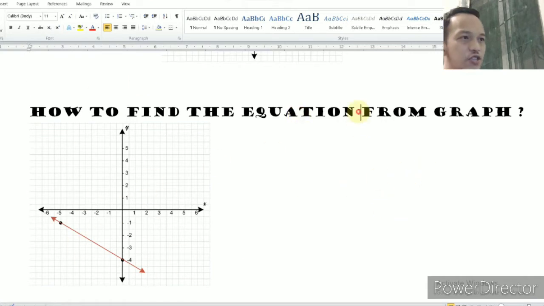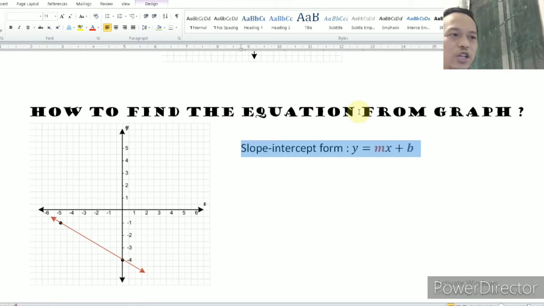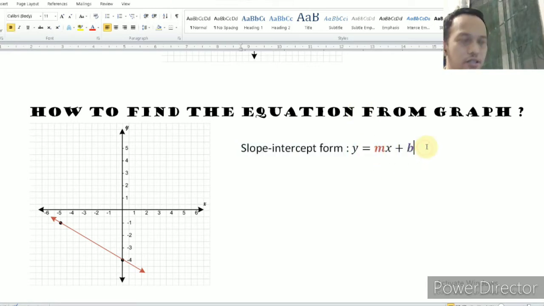So the first thing that you need to figure out an equation in the slope-intercept form is to find what the slope is and what the y-intercept is. You need to detect the y-intercept and the slope from the graph. For that, you need to detect at least two ordered pairs that are clearly visible on your graph.